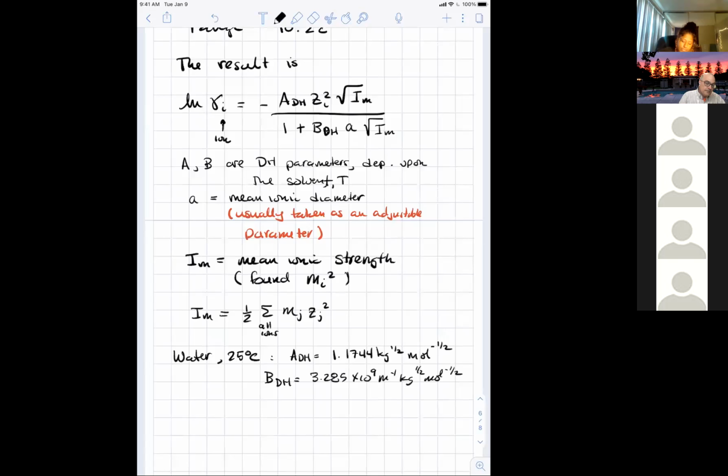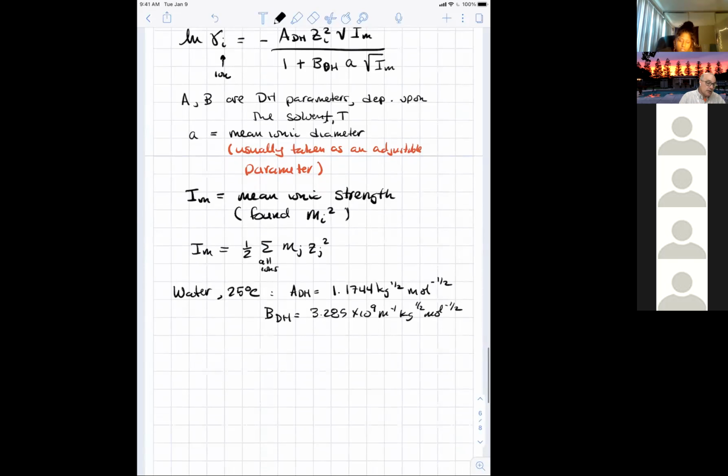So the B is quite large, and that makes you think that the denominator is really a big effect. But again, we have to use SI units for all of these things.